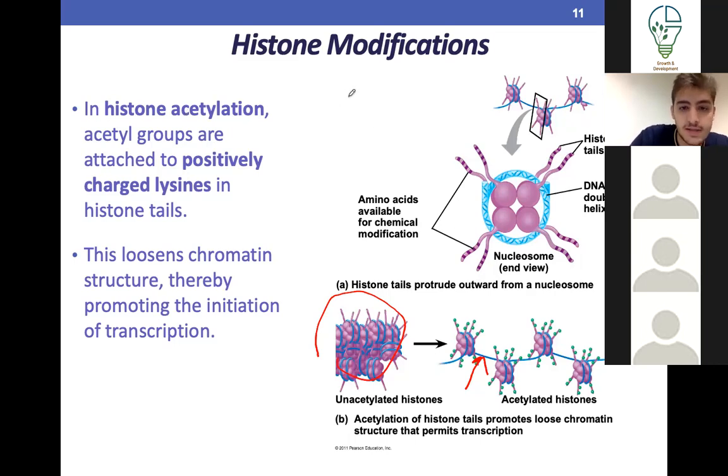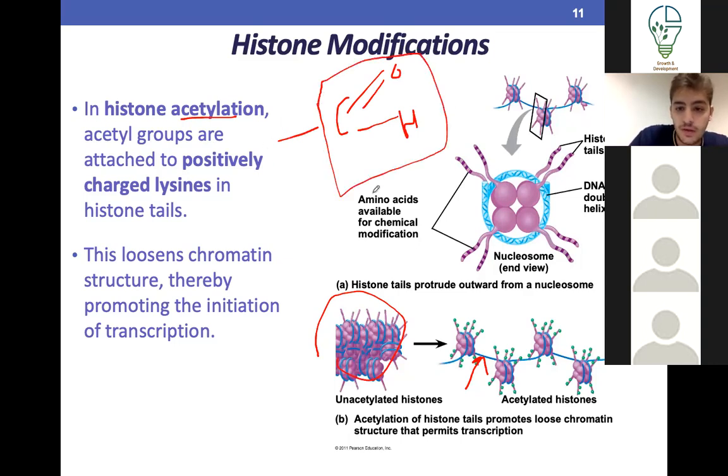Acetylate means you add an acetyl group, which I think is a C double bond O H. If I'm not right, that's not the point. The point is you add a group to the histones. When you do this, you separate the histones or the nucleosomes from each other, exposing the linker DNA, which can now be transcribed into genes, getting the proteins that you want.